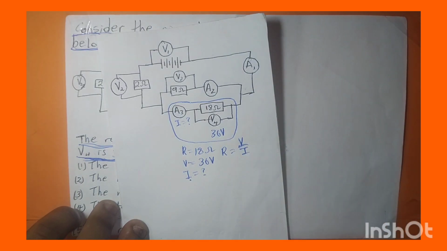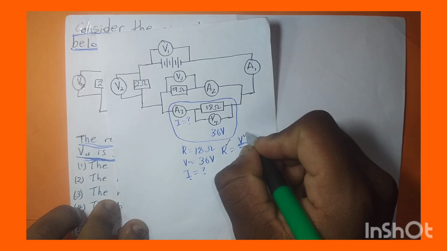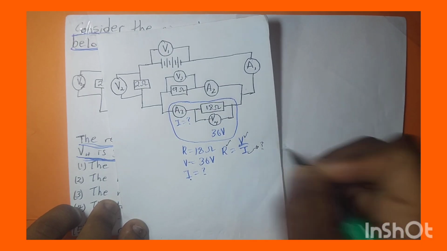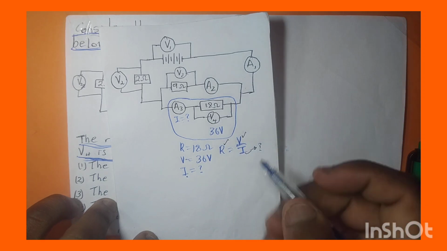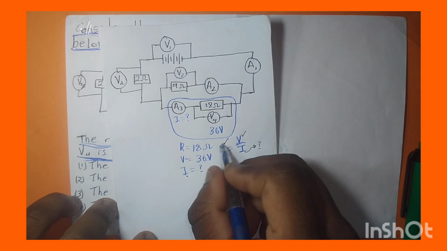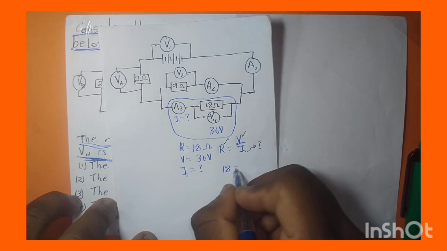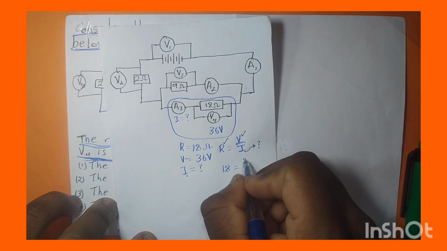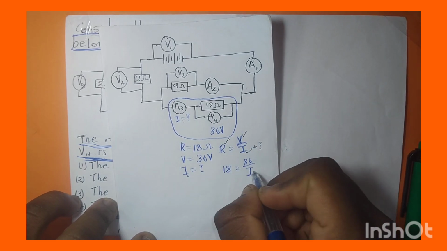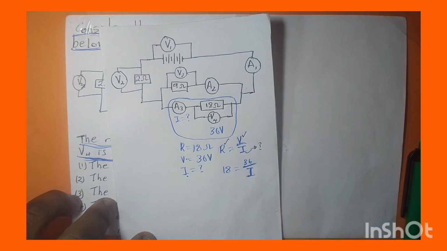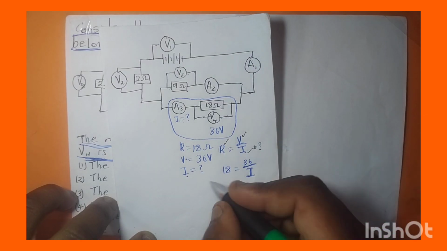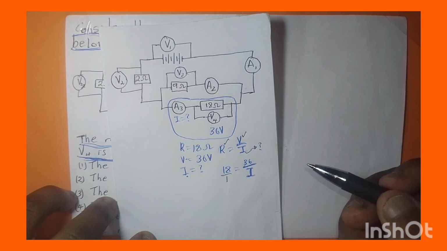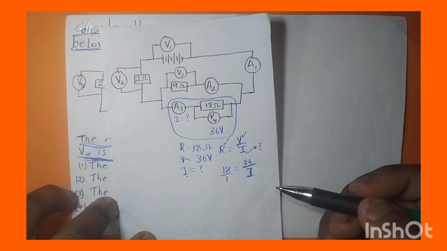We can apply this equation whereby we are given this and that, but we are looking for this. So you can just substitute the resistor, 18, then the voltage, 36, and this one is I. Here we have a fraction, so we can put an invisible 1 so that we can cross multiply.